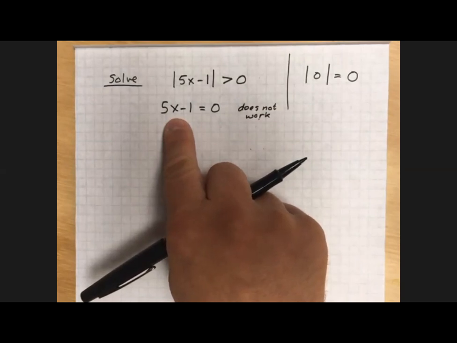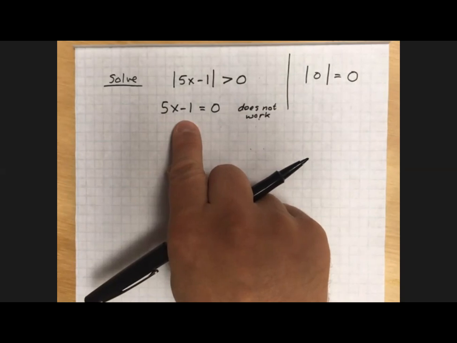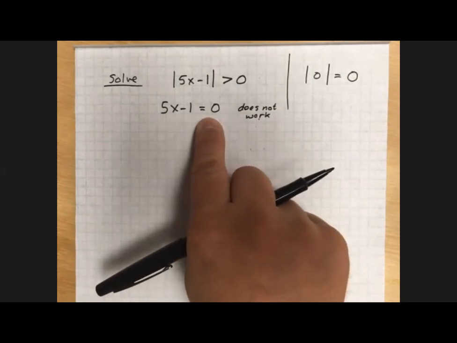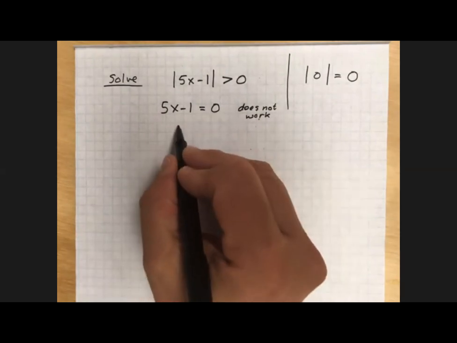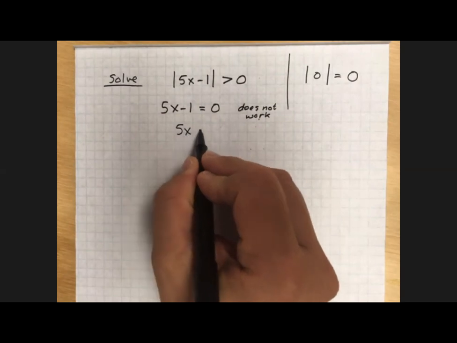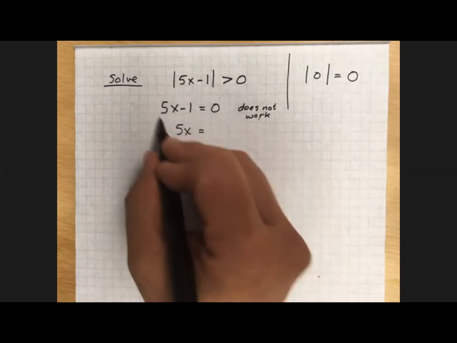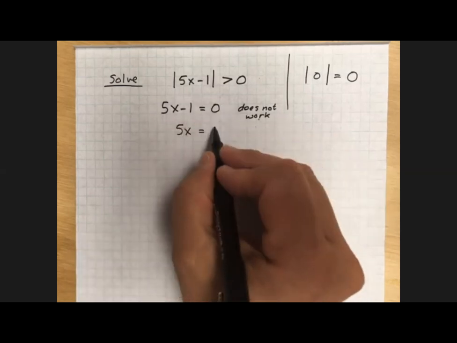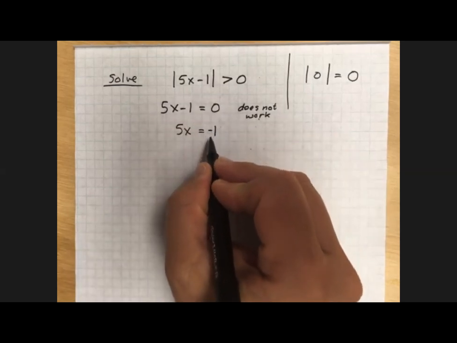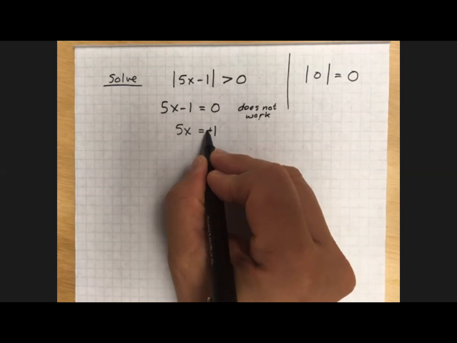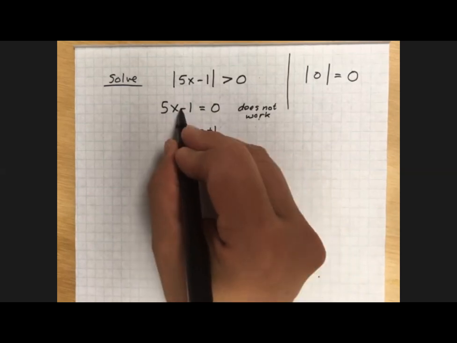Here's a problem that works for every single number except one. But now that I've written this down, you can tell me what is the number that fails. Let's find the failure. Let's find the bad number. It'd be 1/5. That's right. I was about to say minus 1/5. When I add, I get a 1.